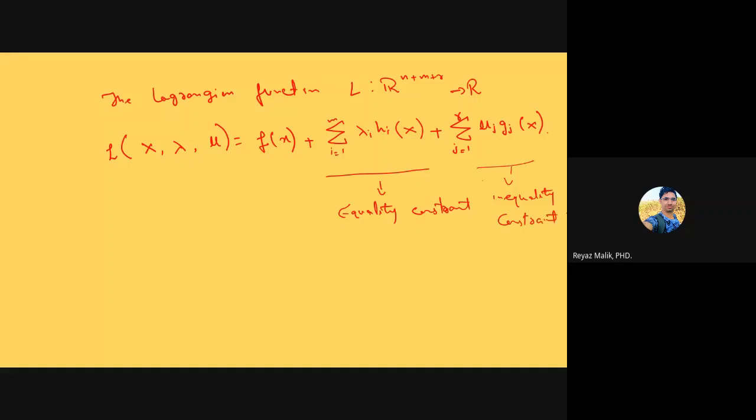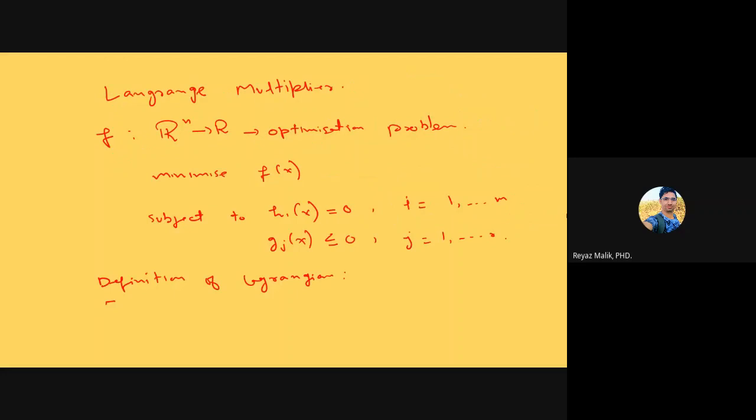Correct? Any doubt? Because you see here we have two: h of x and g of x with respect to the functional form f of x. When we minimize f of x with respect to h of x, that time it will be treated as an equality constraint function.